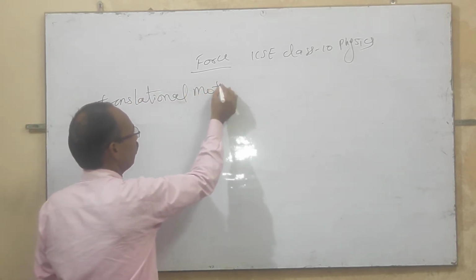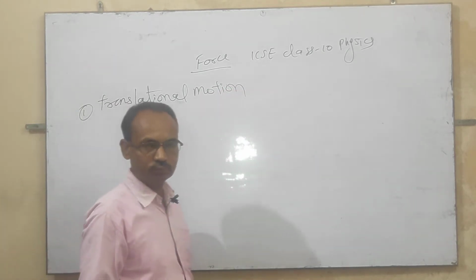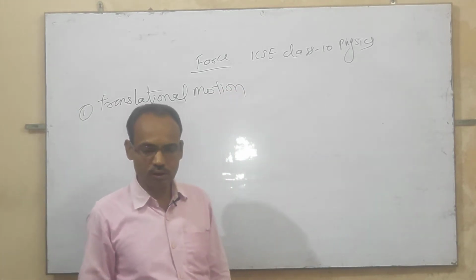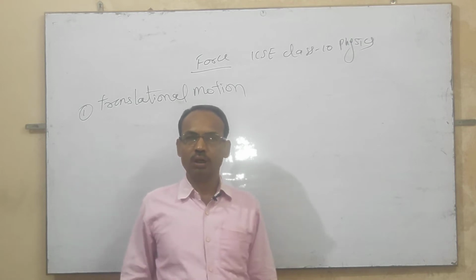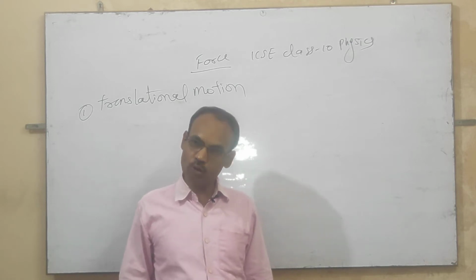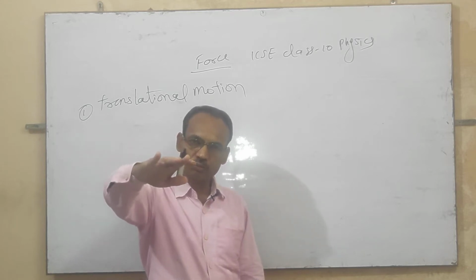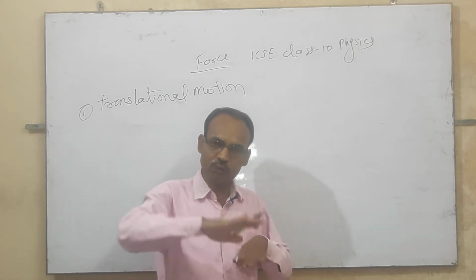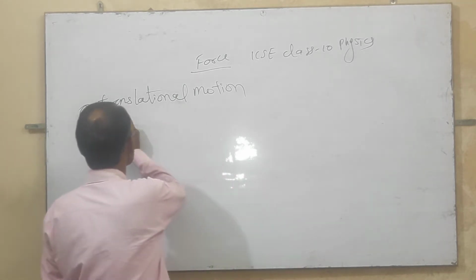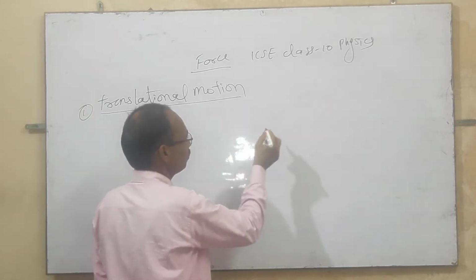What is translational motion? If a body is pushed or pulled by a force and the body travels in a straight path, not a curved path, then it is known as translational motion.